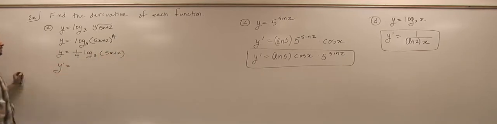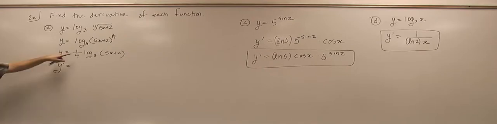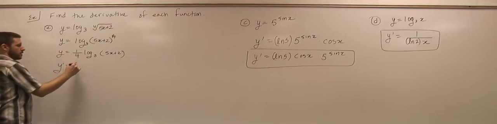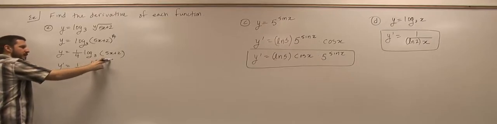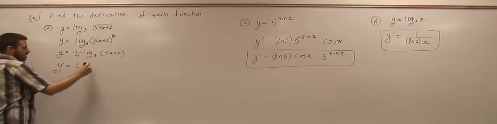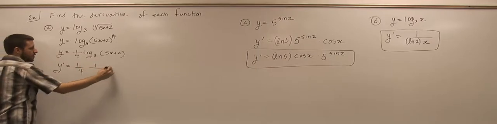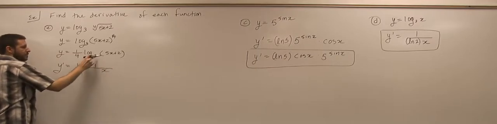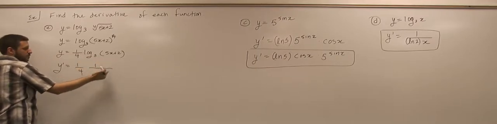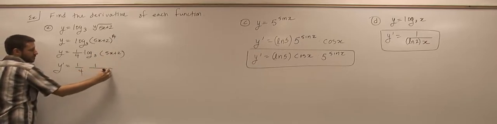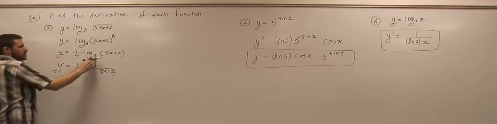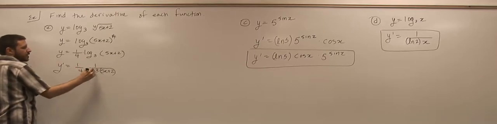Now when I do the derivative, what's going to happen? One-fourth is a constant multiple, so it stays out front. Then to do the derivative of log base 3, the derivative of ln is 1 over x, but it's 1 over whatever's inside: 1 over 5x plus 2. But because it's log base 3, you have to get an ln 3.